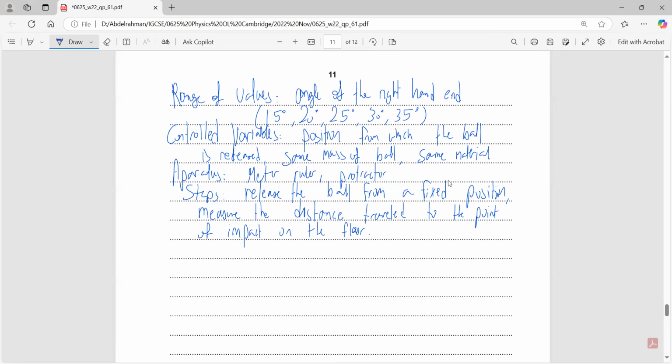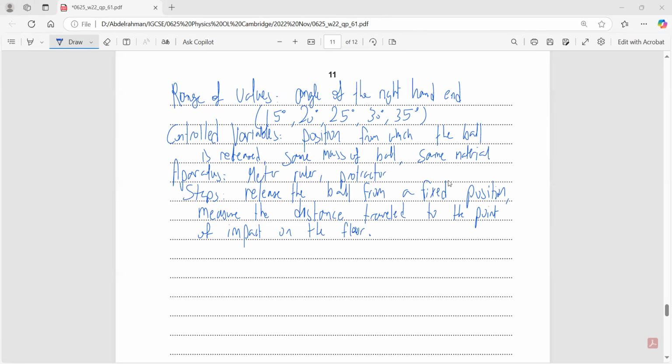And then you can repeat and take average, repeat for each angle. That's it. You don't have too many details to talk about.